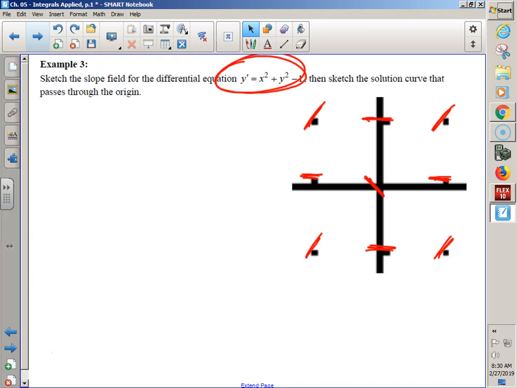Now you guys should be thinking about sketching the particular solution, right? Because they give you a point. Oh, they don't give you like an x, y, but they say in words the origin.